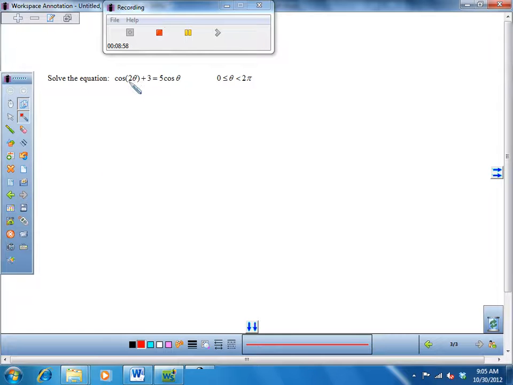I have no way really to solve something that has a 2 theta and a regular theta. So what I want to do is change this, and there's a way you could rewrite cosine of 2 theta in terms of theta. Is anyone familiar with the cheat sheet I gave you the other day?